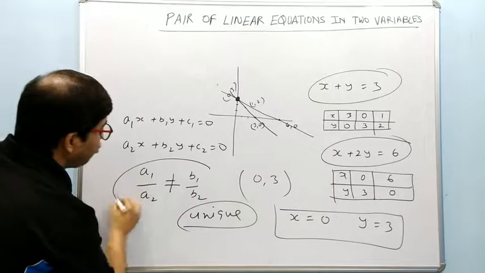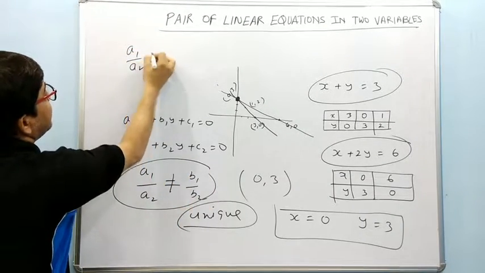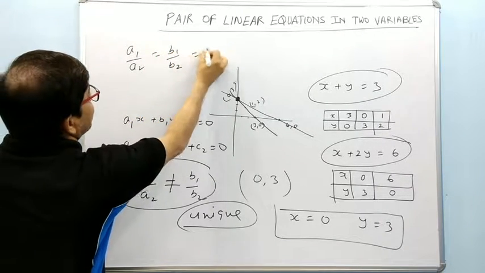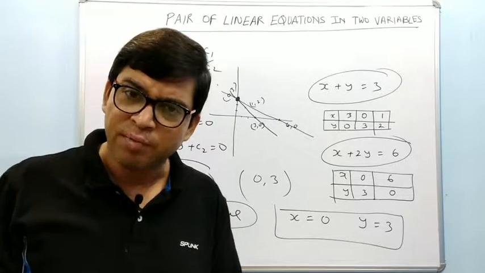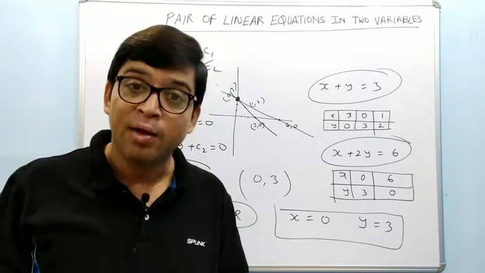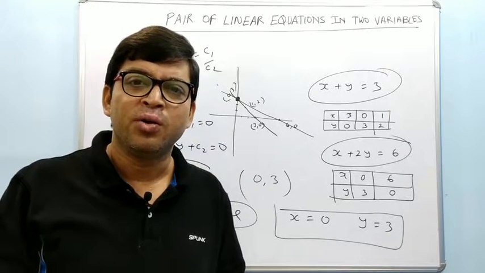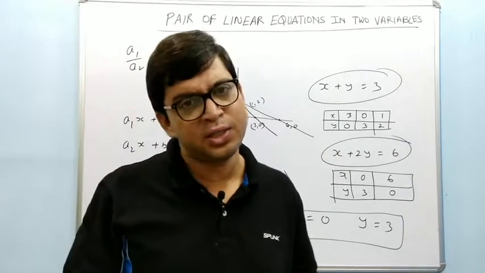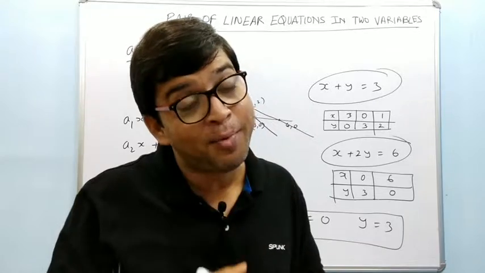Another point you need to remember is if a1 by a2 is equal to b1 by b2 is equal to c1 by c2, the equations have infinitely many solutions. Do you know what the meaning of infinitely many solutions is? That means these two lines are cutting at not 1 point, not 2 points, but infinitely many points.